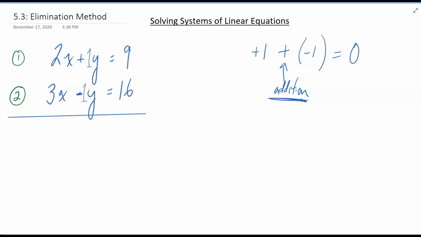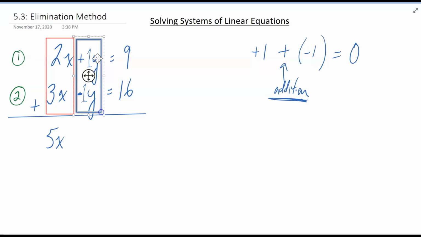If we add these vertically, because we have to add like terms anyway, all right? So these are like terms right here. If I were to add those, 2x plus 3x, that is 5x. And we're going to add some other like terms, which are right here.